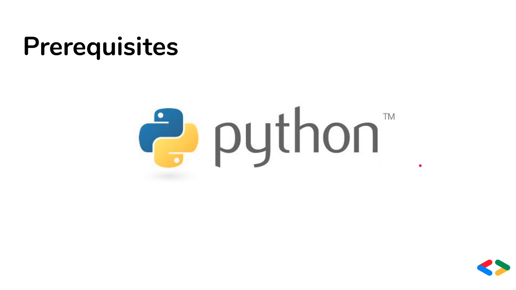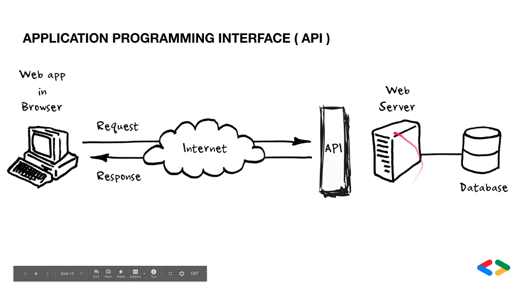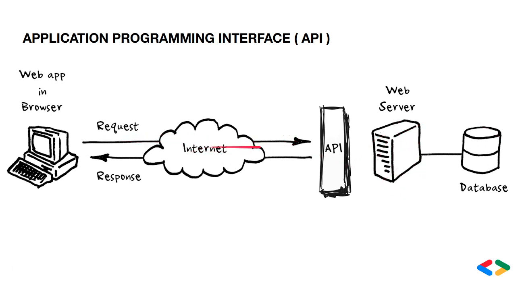Prerequisites: Python and API, application programming interface. So this is a web app in the browser. Now you send a request to your server. This is the web server. The server will do all the logic you want to do, and if you want to store data, it will store it in the database, or if you want to get data, it will get it from the database and return the response.